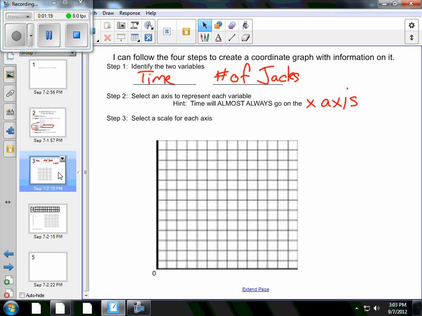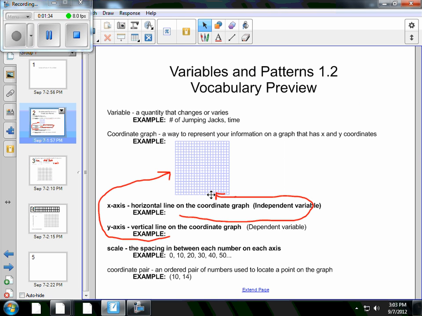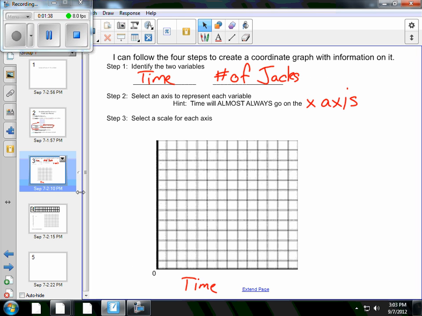So if you ever have confusion, if you see some sort of a time there, minutes, hours, seconds, anything like that, that's almost always going to go on the x-axis. And if you remember from the vocab preview, the x-axis is the bottom of the graph. So it will go right there, time. So our other variable, number of jumping jacks, number of jacks, will go on the y-axis.